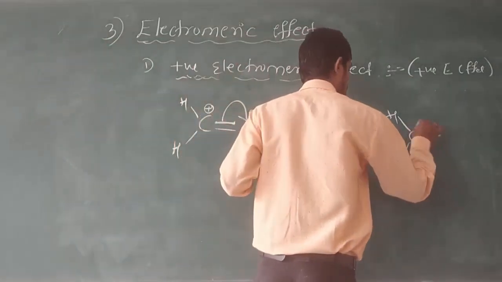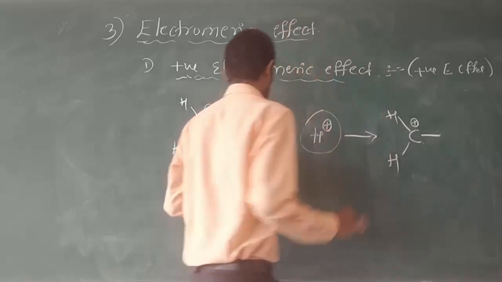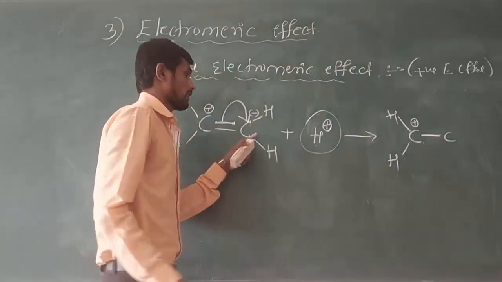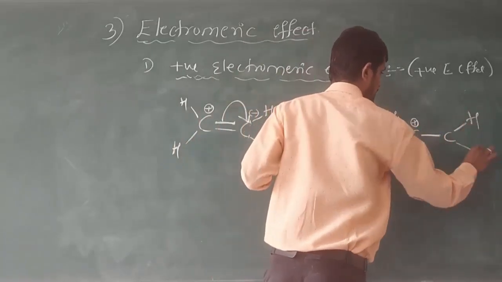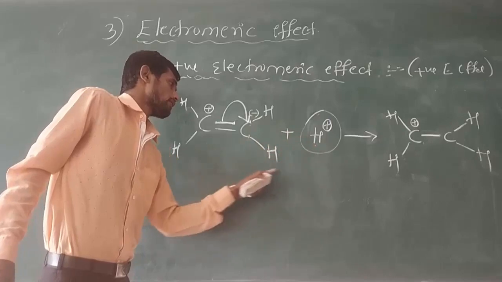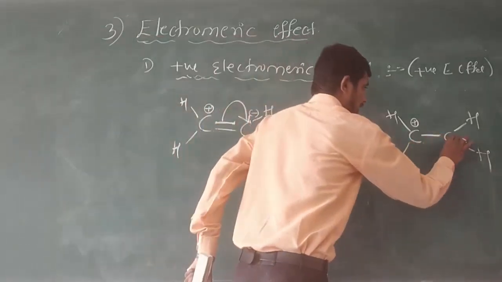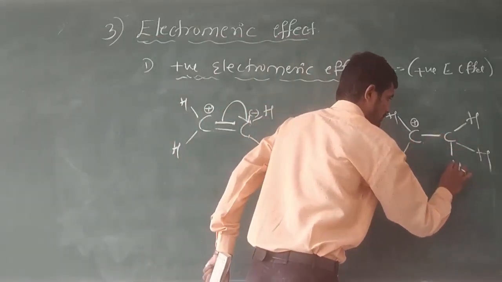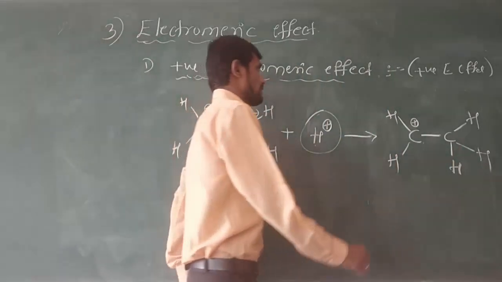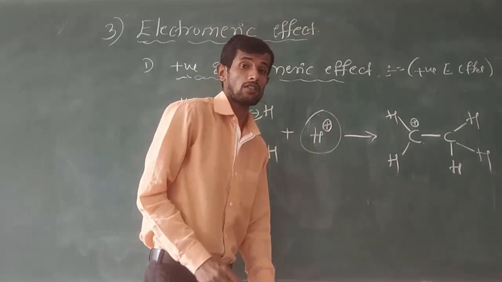Next, here there is a positive charge on this carbon atom with those two hydrogen atoms, and this negative charge with the H plus ion, and write here H. Is it right? Yes. Means in the presence of the electromeric effect, ions are formed.